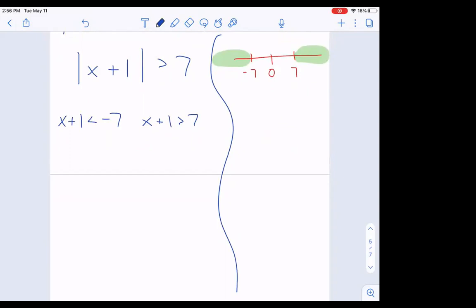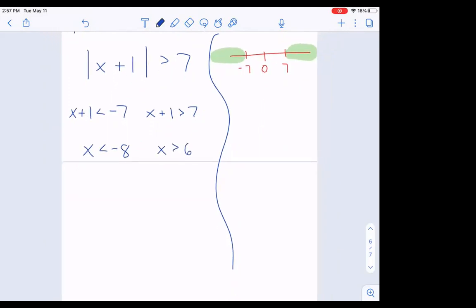Once we have our two equations, we just want to solve those two things. So x is less than -8, or x is greater than 6. Now notice our answer has two regions, right?